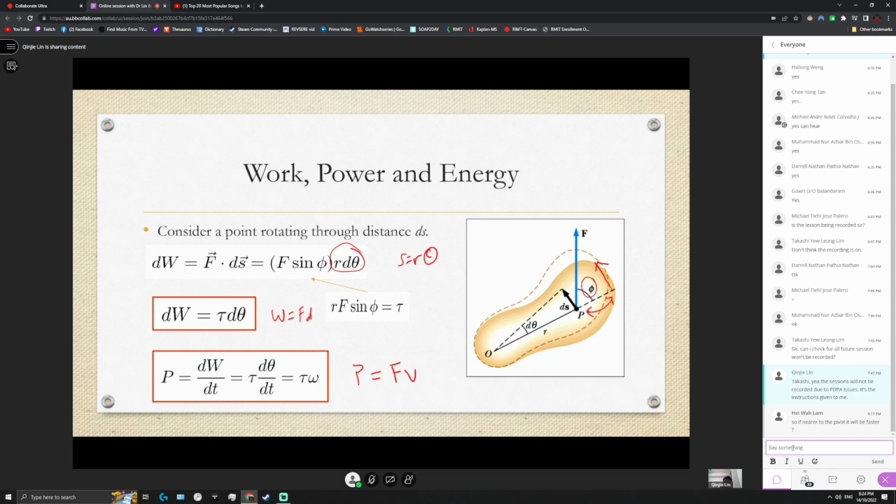Very similar. So if you know the linear quantities and calculations well, rotation is okay, because it's derived from linear, whatever we learn in the linear part. That's why we end up with about the same thing.